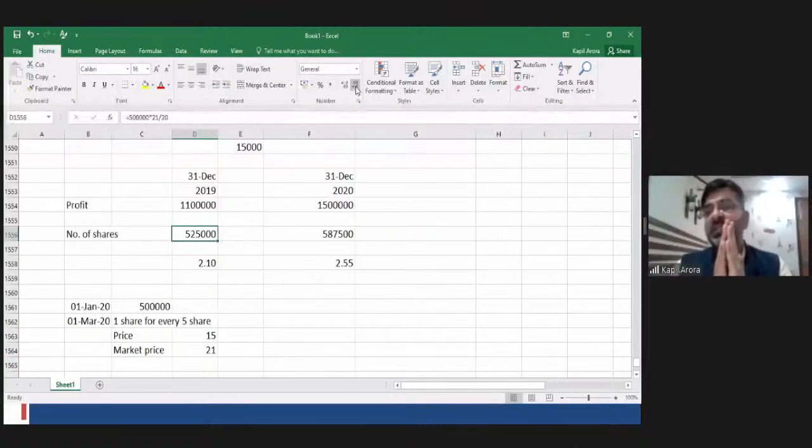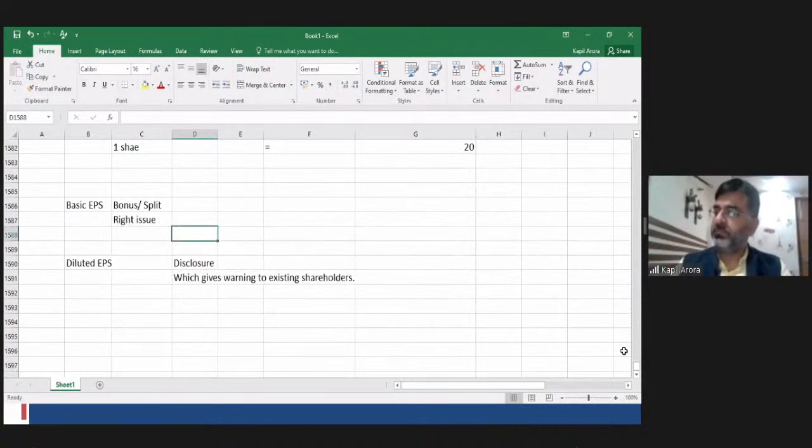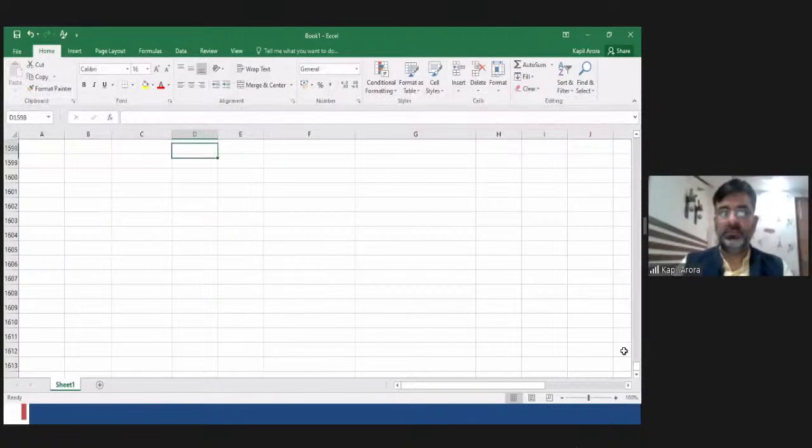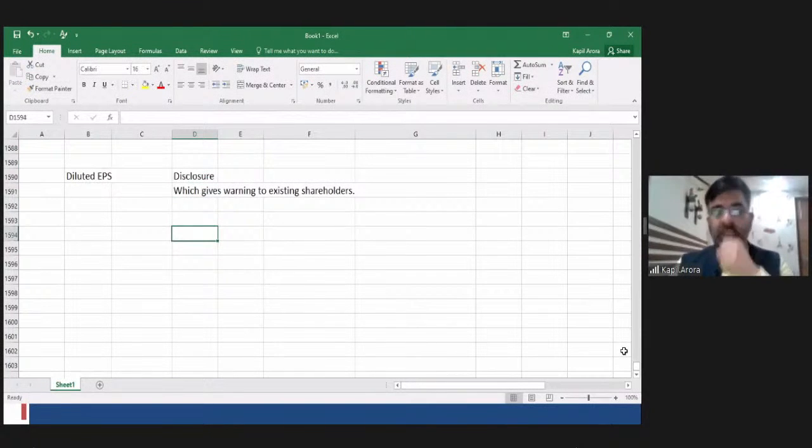If you remember, we discussed that whenever a bonus issue happens, profit for this year changes, and we assume the bonus was always there since the beginning. So we consider it was there in the last year also. That is the reason we multiplied the bonus fraction. So 5 lakh into 21 by 20.